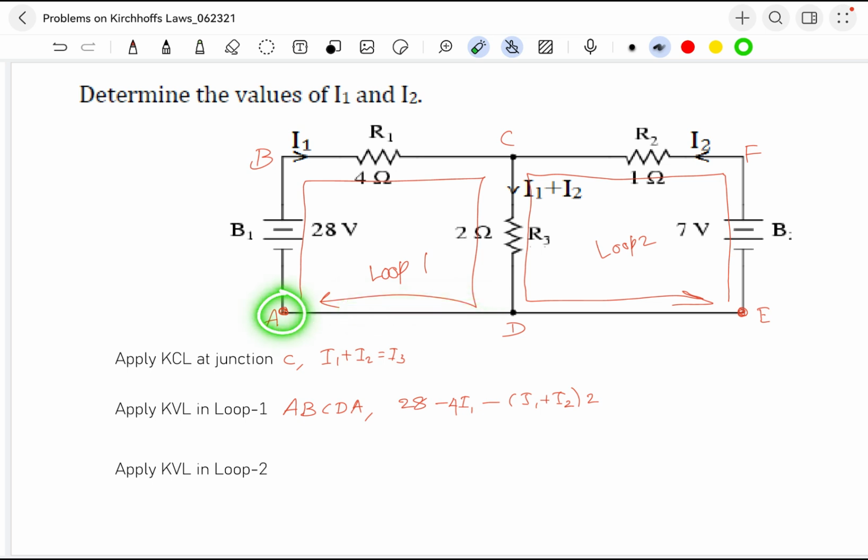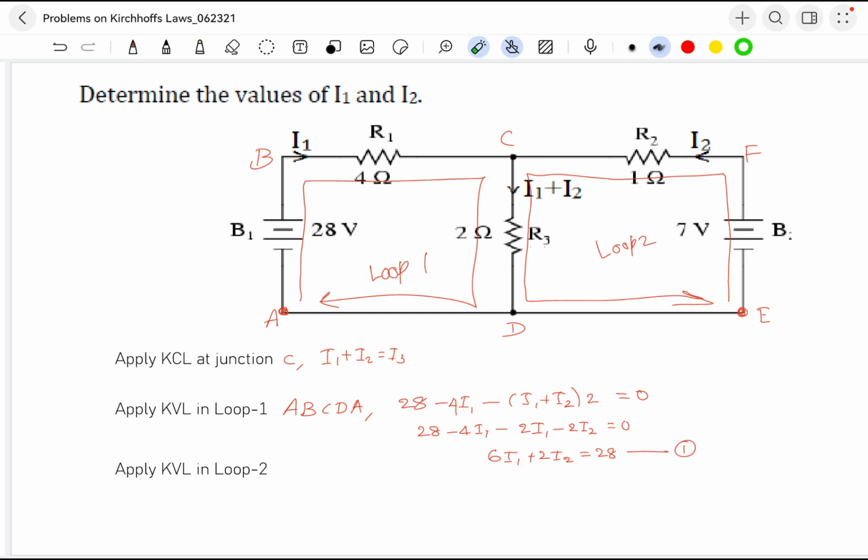So we are back at point A, equal to 0. Rewrite this equation: 28 minus 4I1 minus 2I1 minus 2I2 equals 0. So 6I1 plus 2I2 equals 28. This is equation number 1.